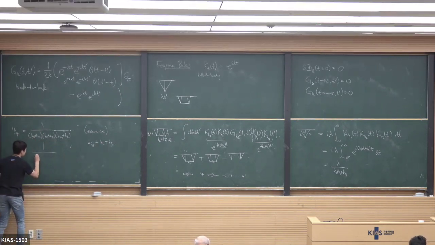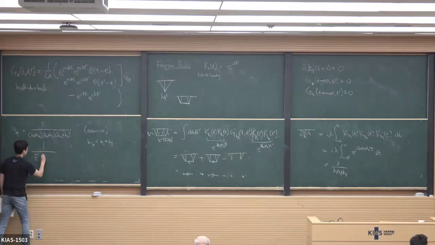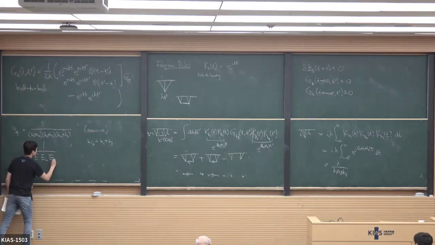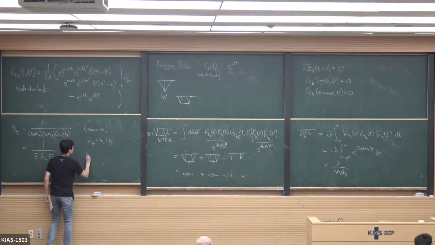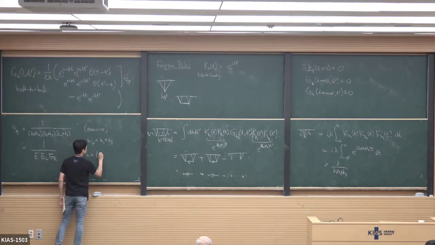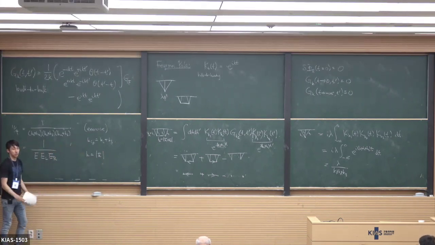Now let me write this in a slightly more intuitive way, where E, these were variables that denote the energies associated with these vertices. In this case you can think of energies because these k's are defined to be the magnitude of the spatial momentum.